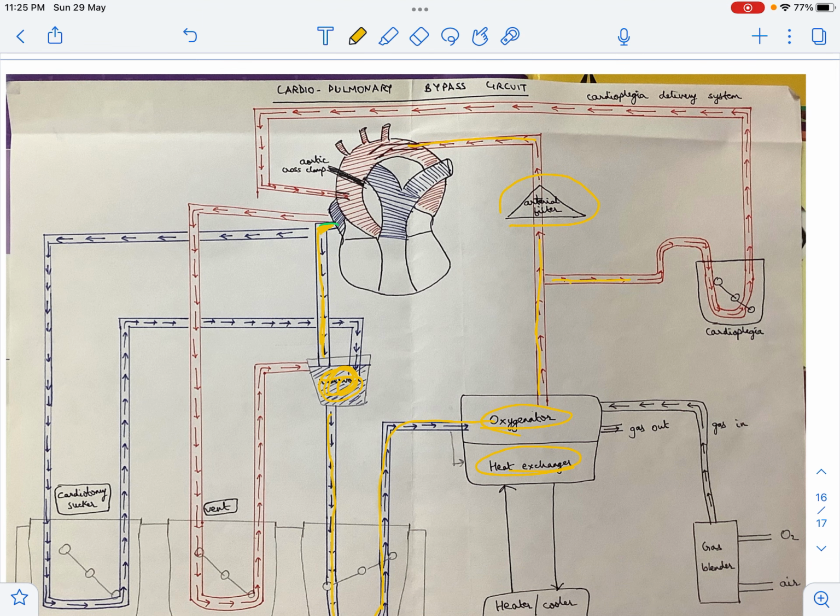Also, this is your other circuit of a cardioplegic solution. So, cardioplegic solution is entering into the heart. This is your aortic cross clamp. As you may see in this diagram, the blood entering from the cardioplegic pump is entering proximal to the cross clamp.